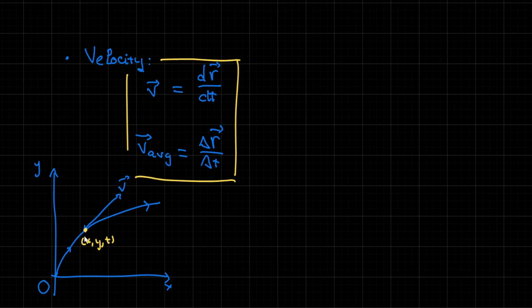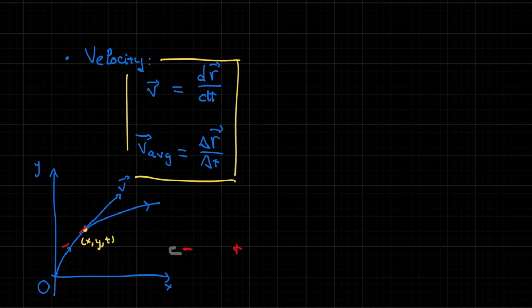Let's say we have, at the time t and with these coordinates, this velocity vector. And you should also notice that this vector is the tangent line of the graph, which is obvious because velocity is the derivative of the graph at that time.